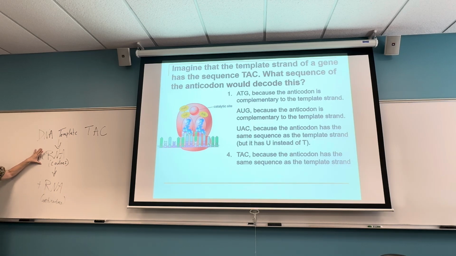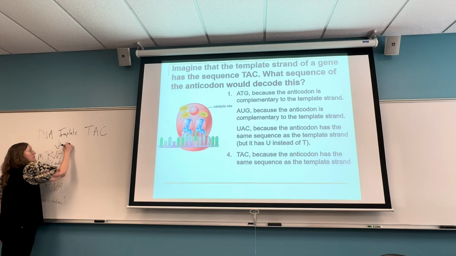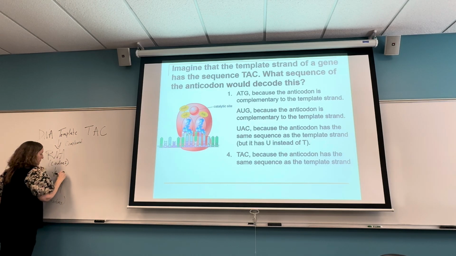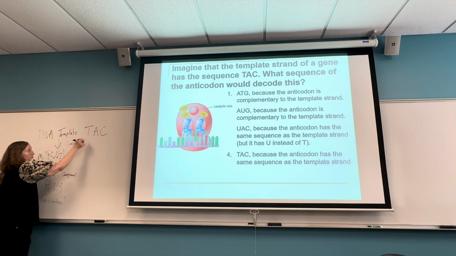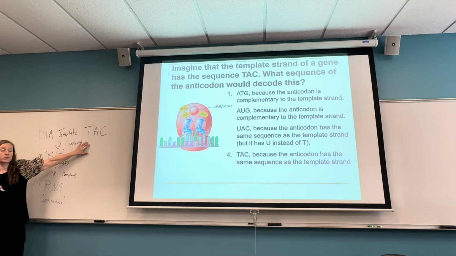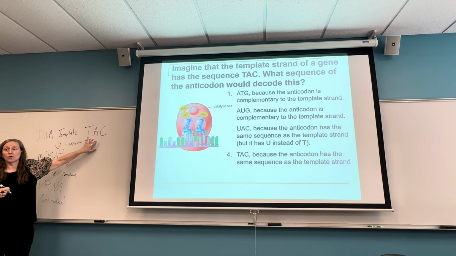So let's make our mRNA complementary codons. So we're going to make our complement. T is going to complement A. We're going from DNA to RNA.